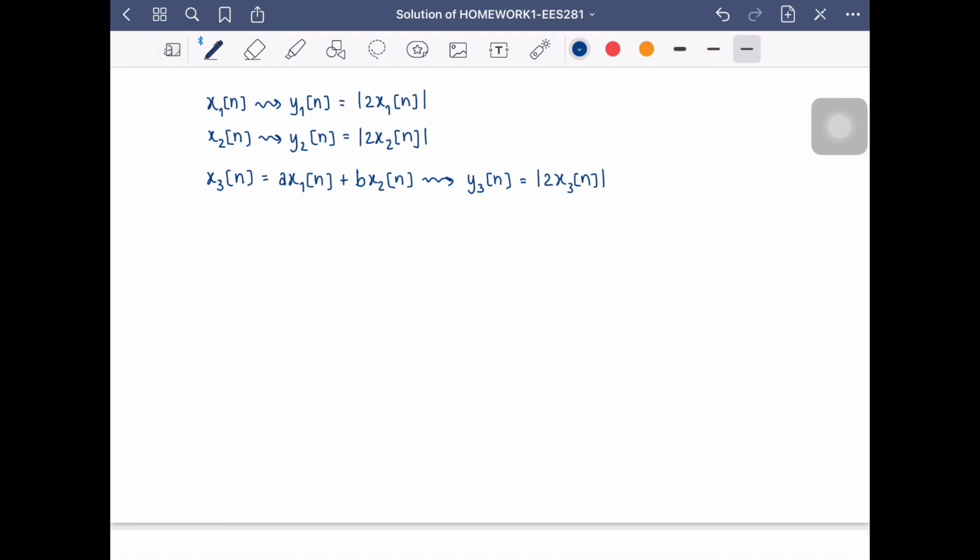Then we substitute the value of x3. Now we got the absolute value of 2a x1 plus 2b x2.